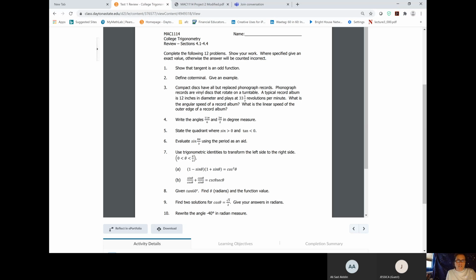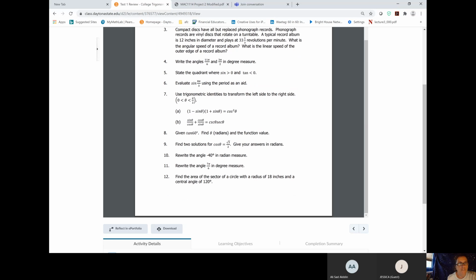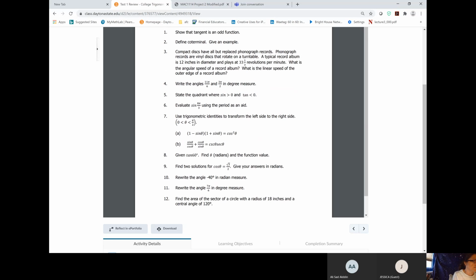They are in the book. Also the common angles, 30, 60 degrees. Find the area of a sector. And like I said, I like questions where I give you a mistake and you have to tell me why there's a mistake, or maybe there isn't.